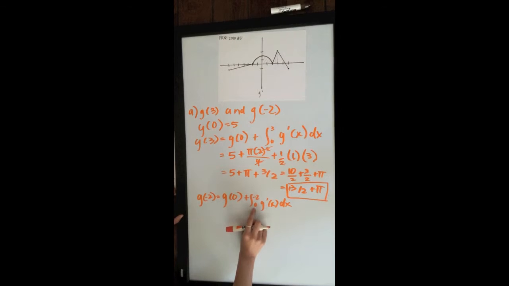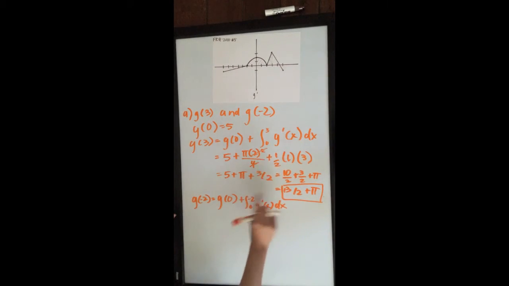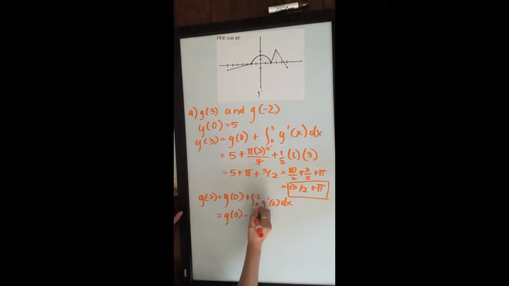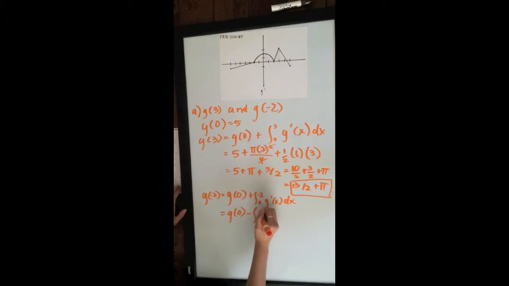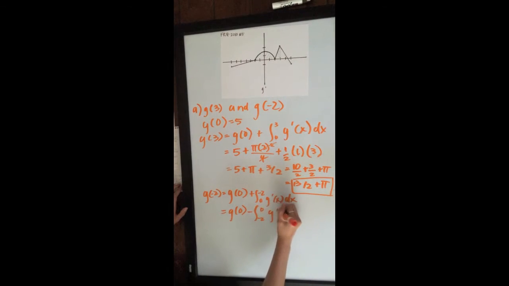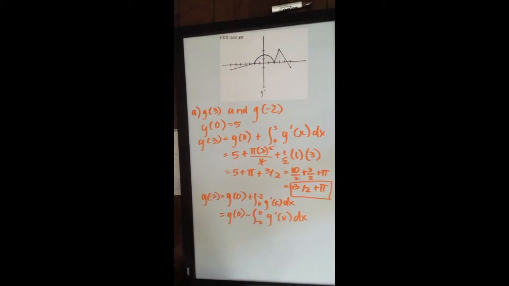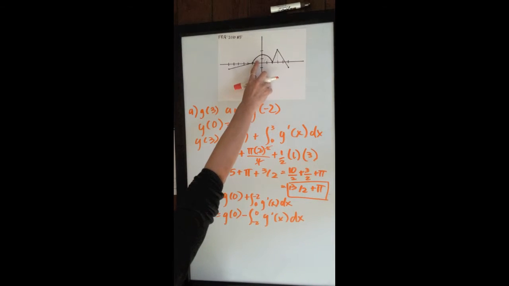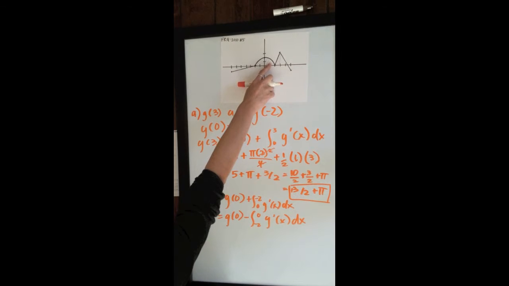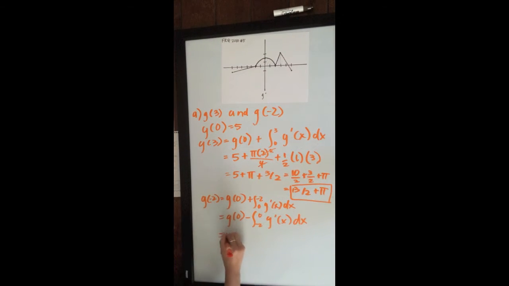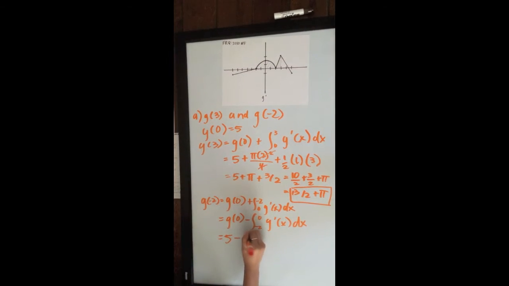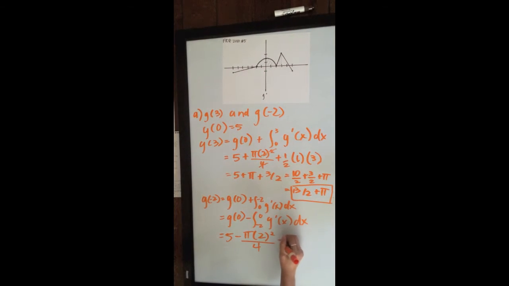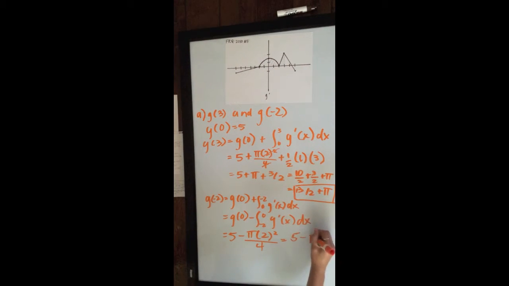Because this is from 0 to -2, you would just flip it, so that becomes g of 0 minus the integral from -2 to 0 of g prime of x dx. And then when you're finding that area, this area is basically the same as the one that we did in the first part of the problem. So it's 5 minus pi times 2 squared over 4, which becomes 5 minus pi.